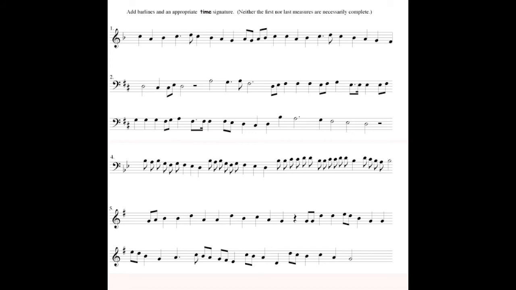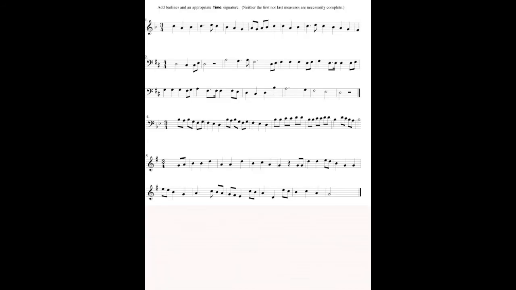I will supply the answers. And here are the answers to the worksheet so that you can check your work.